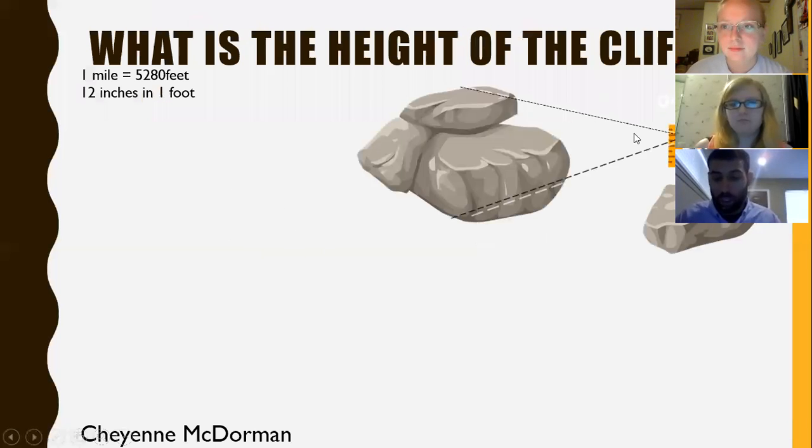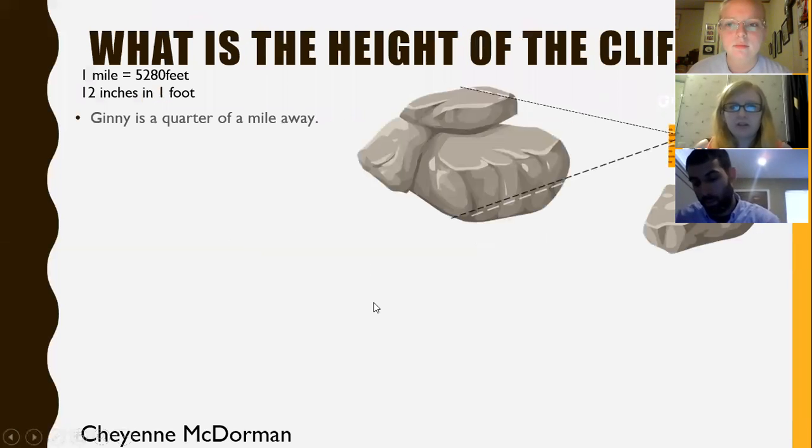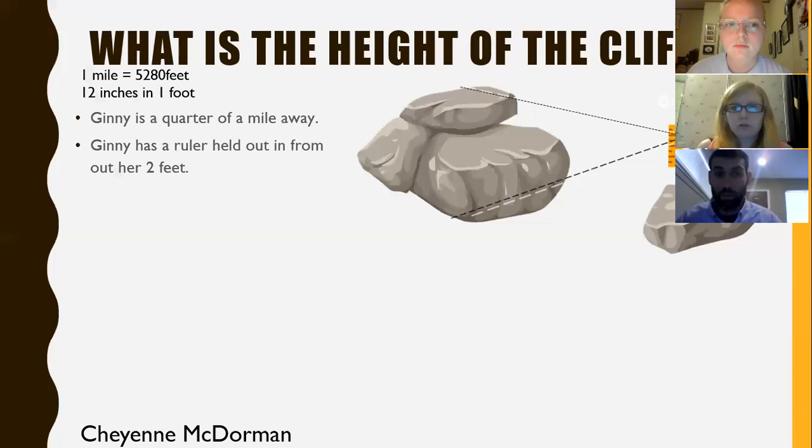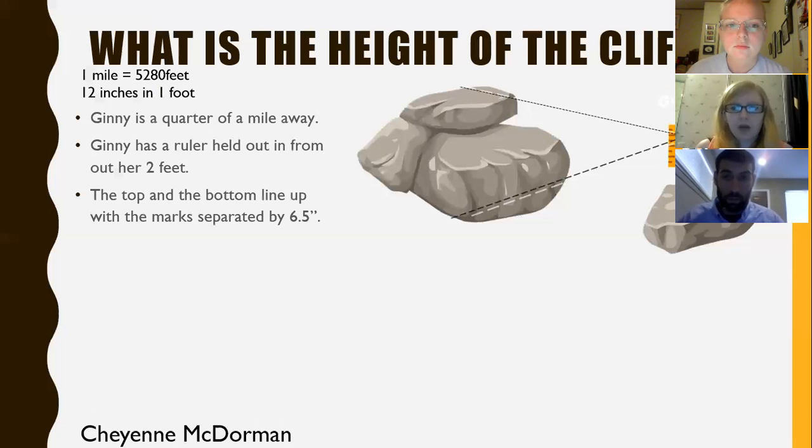All right. Cheyenne, what was the height of the cliff? Well, we know that Jenny, the girl in the picture, is 1/4 of a mile away from the cliff, and she's holding a ruler out 2 feet in front of her, and the top and the bottom of the cliff is separated by 6.5 inches instead of 1.5 like the previous problems.